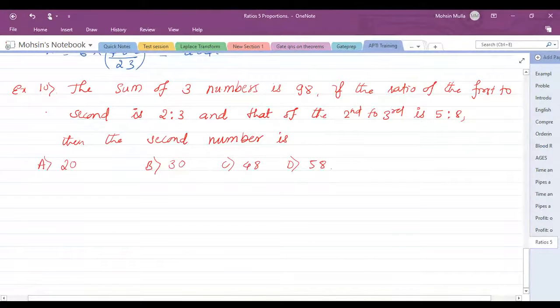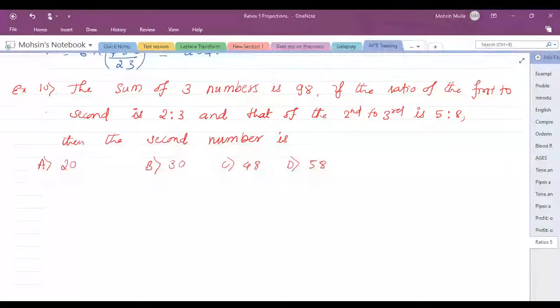Let me see if anybody has answered this also, because that is what is happening. Megha Solunke has solved the earlier problem totally differently.